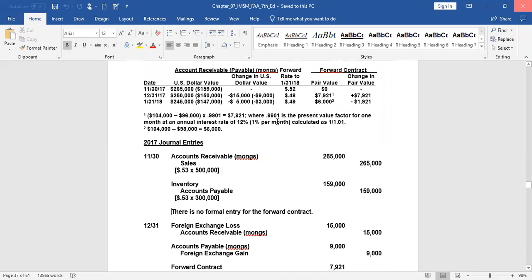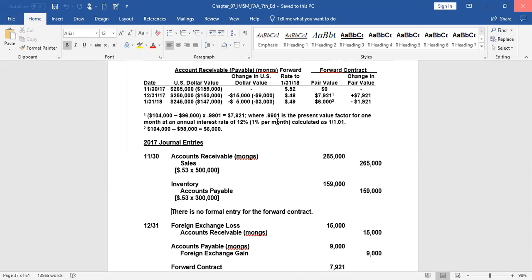And what we do is we go, okay, we are supposed to receive 500,000 mongs, but we're going to have to pay 300,000. So let's subtract them. So net, we're supposed to receive 200,000 mongs. If we received them at the forward rate on November 30th, we would have received $104,000. Okay, so that's basically what we would have signed on that day.